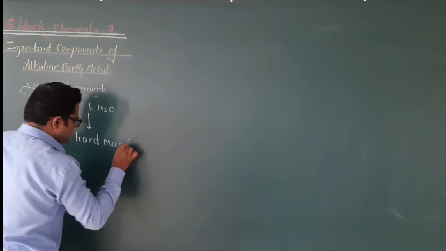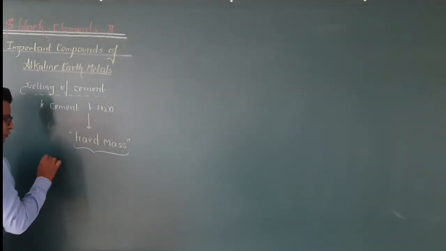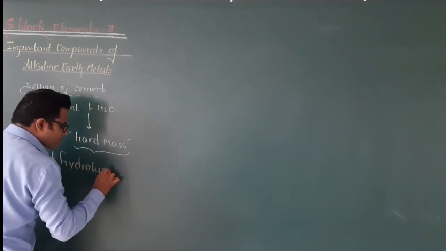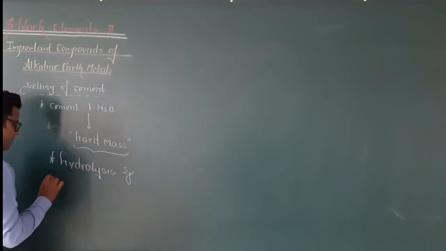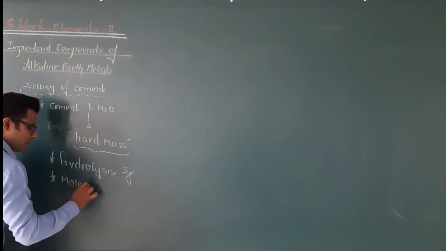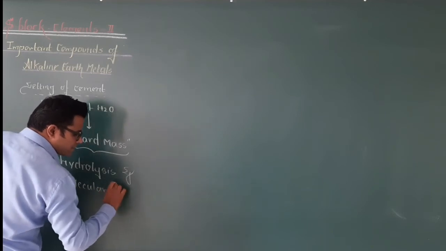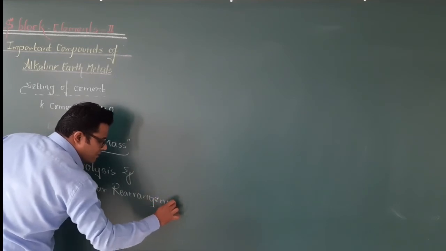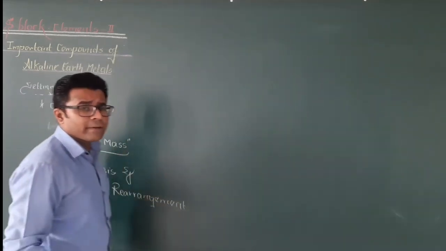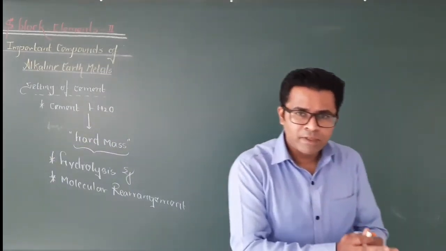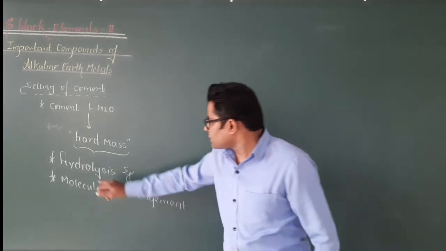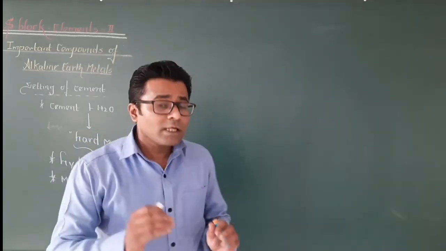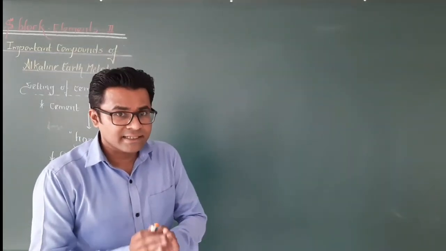Now this hard mass is formed on account of hydrolysis and molecular rearrangement. Due to these two factors, cement mixed with water gets hardened. What are the reactions which are going to occur during this setting of cement?